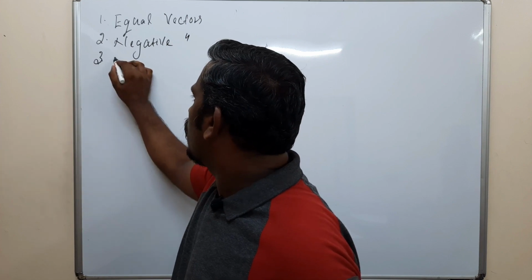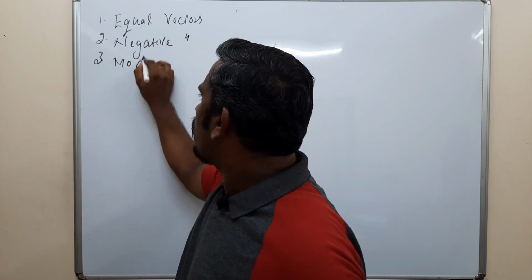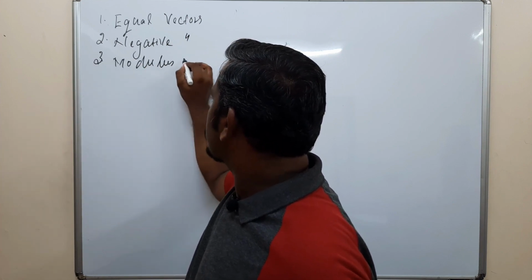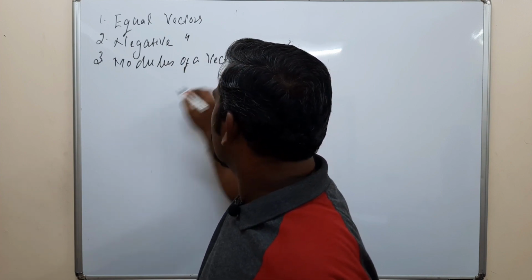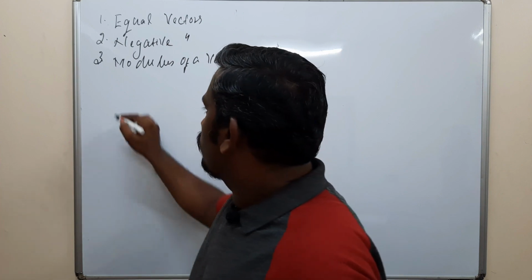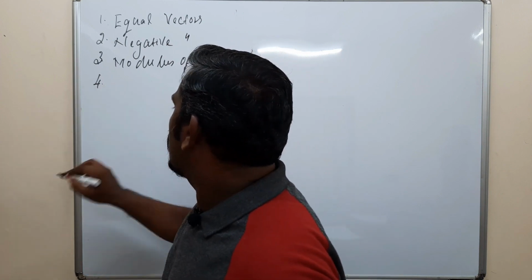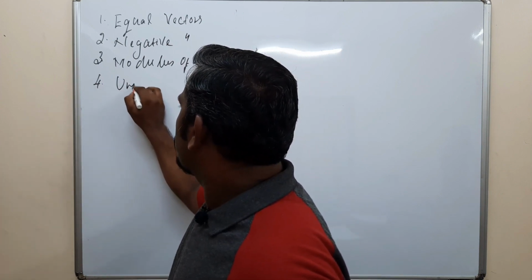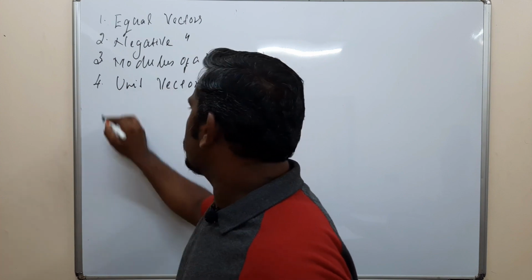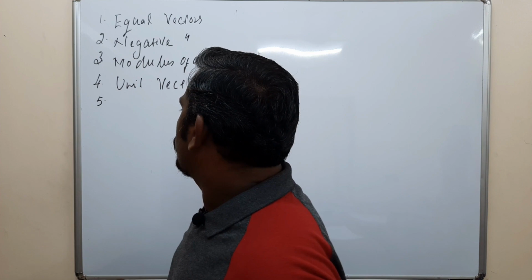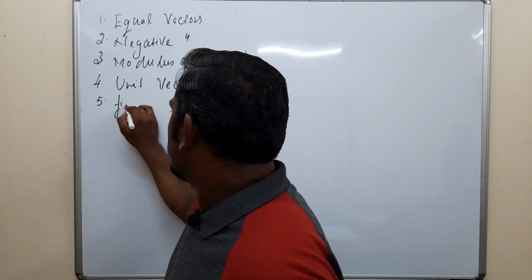Three, modulus of a vector. Fourth one, unit vector. Fifth one, fixed vector.